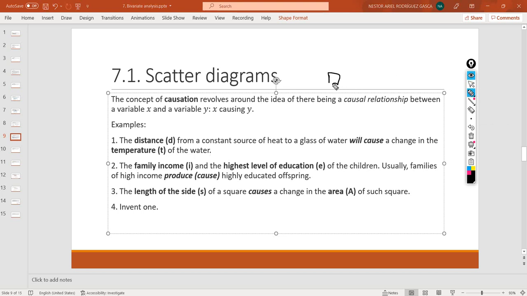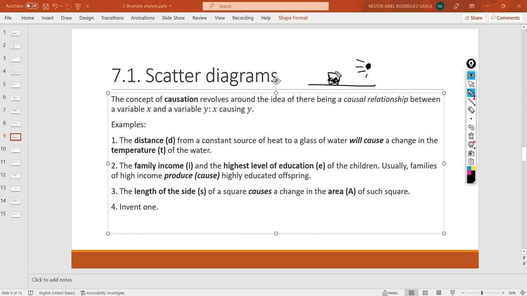For example, if I have on a table some water in a glass, and maybe I have a source of heat, it can be anything, a light bulb or something. This is a source of heat. So in this system, what can I analyze? What two variables?